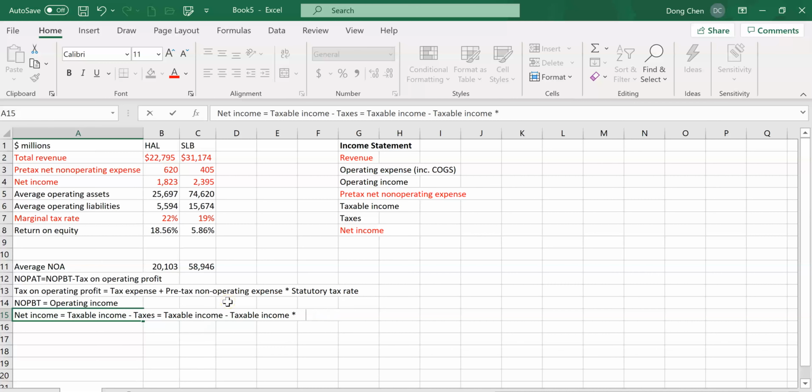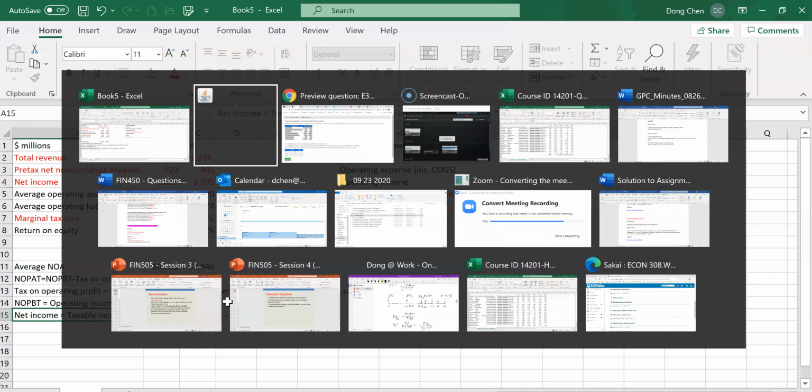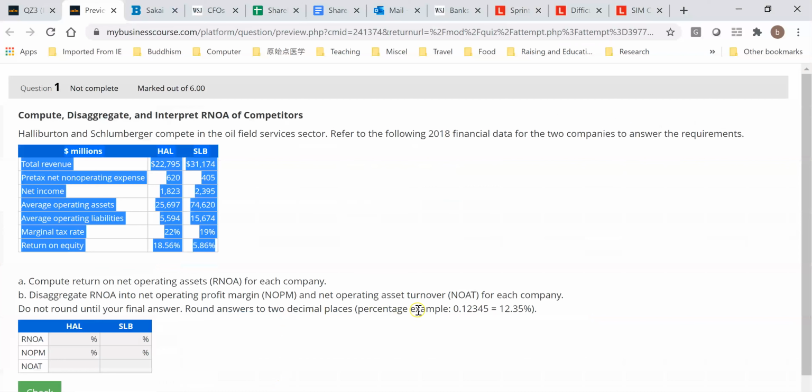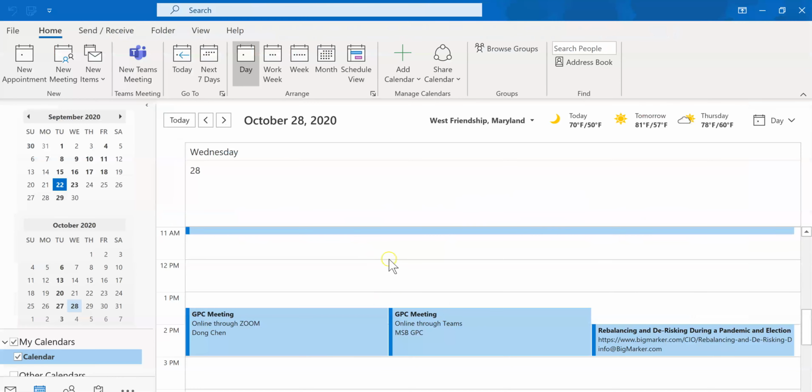Actually, it's the marginal rate, right? But in this case, I don't think that matters. You can see that there's no mention of the statutory tax rate, so we can safely assume that the marginal tax rate is the same as the statutory tax rate.